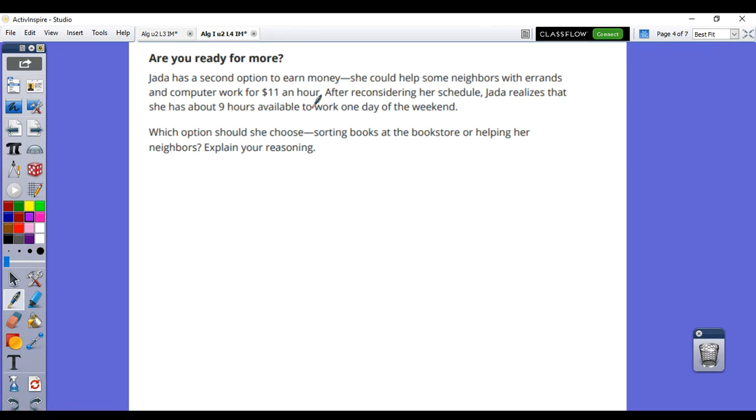So on here at the bookstore, if I remember right, it was $12.20 an hour minus the $7.15. And we want to use h equals 9 because she's got 9 hours to work. And over here it's just 11 times h, and again with h equals 9. So you can do those two calculations and see which one she would end up making more money on.